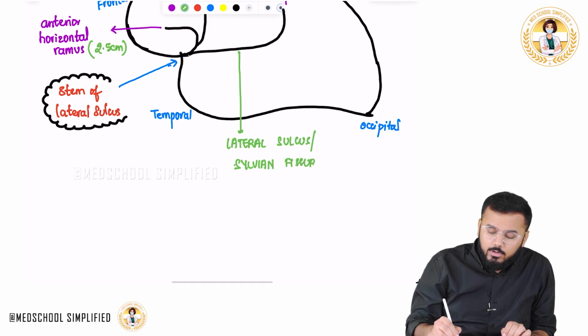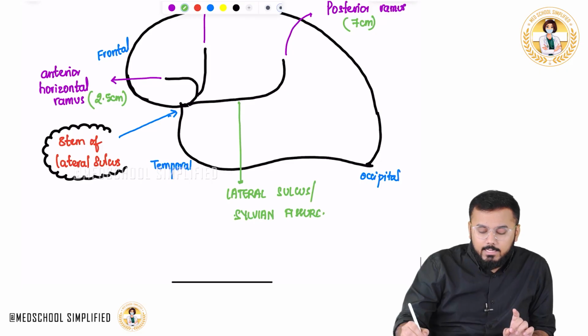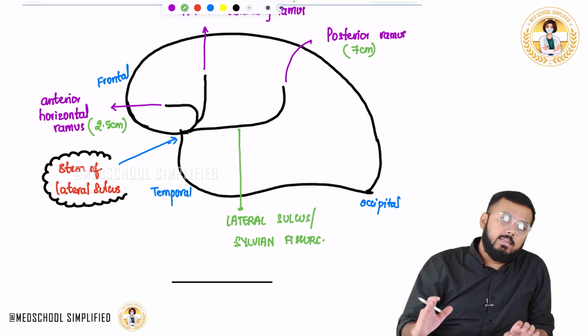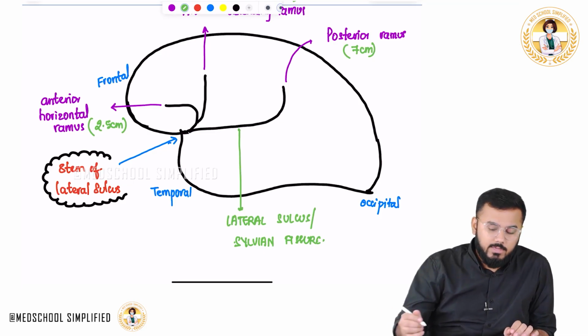All these 3 branches are coming from the stem of the lateral sulcus. One is the anterior horizontal ramus, which is 2.5 centimeters, the anterior ascending ramus, which is also 2.5 centimeters, and the posterior ramus, which is 7 centimeters.